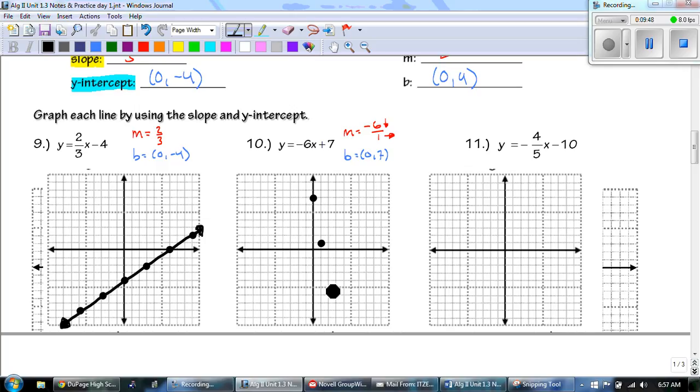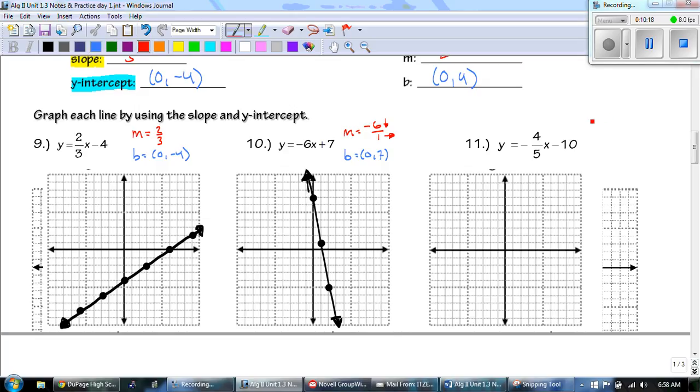Down 6 and to the right 1. And I believe that's all the points that I can do. Okay? And then I'm going to get my ruler out again to connect the dots to make a nice and straight line. And there we go.